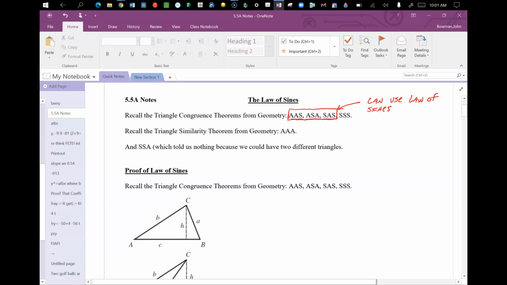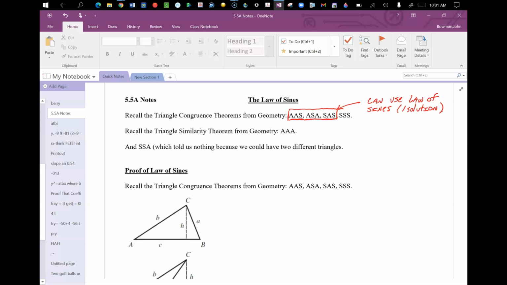And when we have those situations and we use the law of sines, we have one solution to the triangle. In other words, there's a unique set of angle and side measures for that triangle.